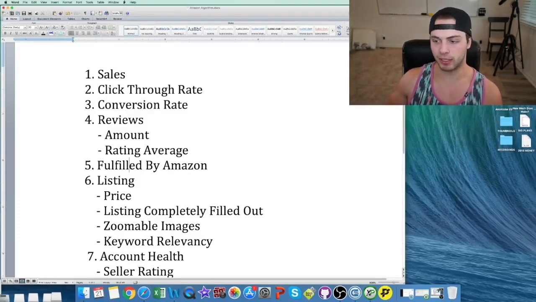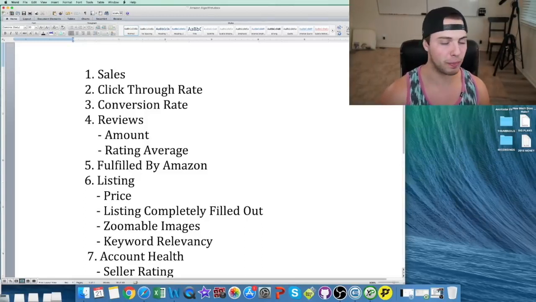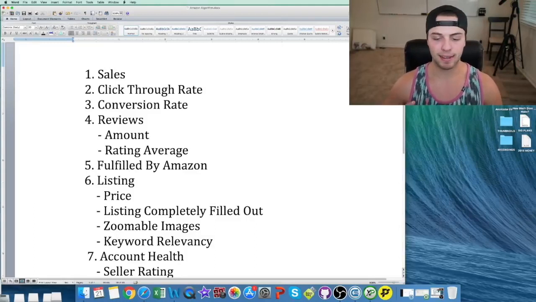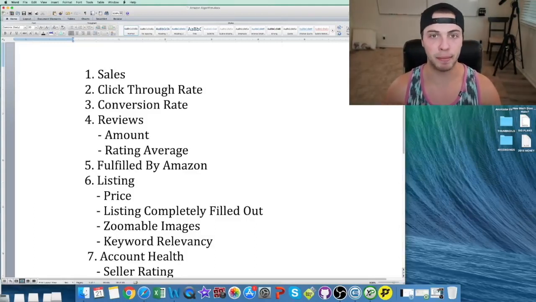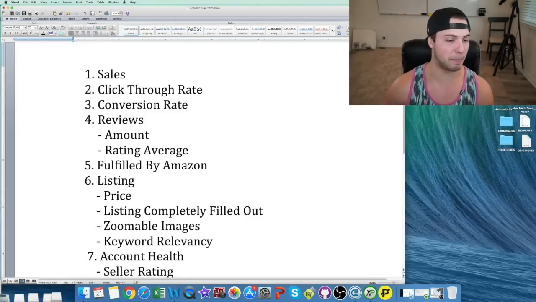Now, if someone else and you are getting the same amount of sales and I have a 10% click-through rate and you have a 3%, I'm most likely going to be ranked higher. Now, a big effect on this is images. Do you have a good first image? Because that's the main reason people click on a certain listing. So images can greatly affect and impact that. So make sure you have your images very good, because click-through rate does matter.